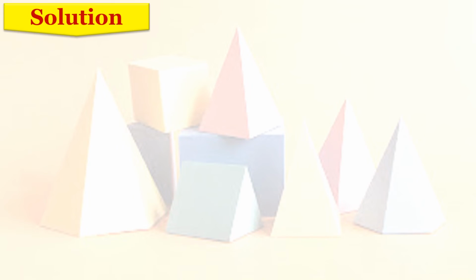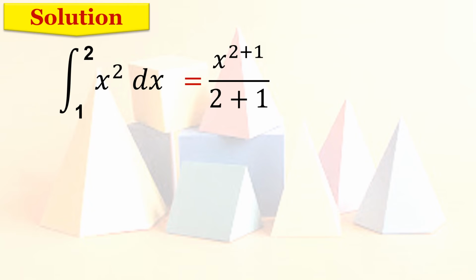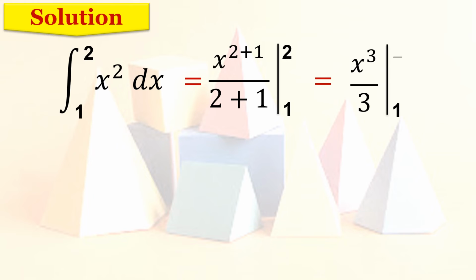So for the solution, we are going to have the integral of x squared dx from 1 to 2. From here, we are going to integrate x squared, which is equal to x to the 2 plus 1 over 2 plus 1, then to be evaluated from 1 to 2. Simplifying further, we have x to the third over 3 from 1 to 2. Then we are going to substitute our upper limit and lower limit.